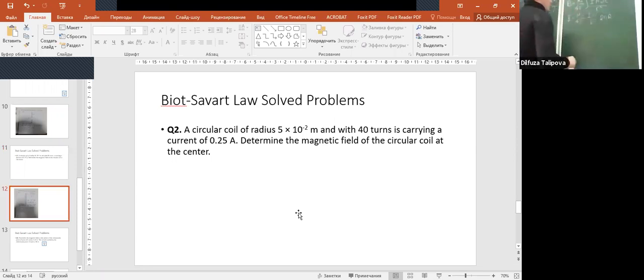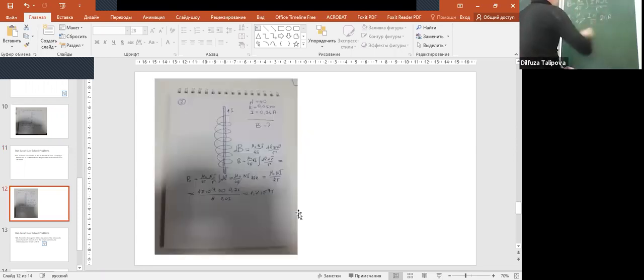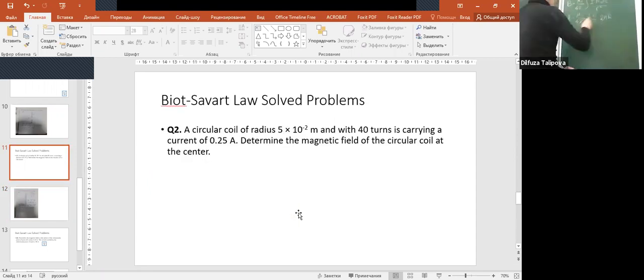Yes. So this pi is cancelled, and the 2 also, here only 2, and here only 1 r.